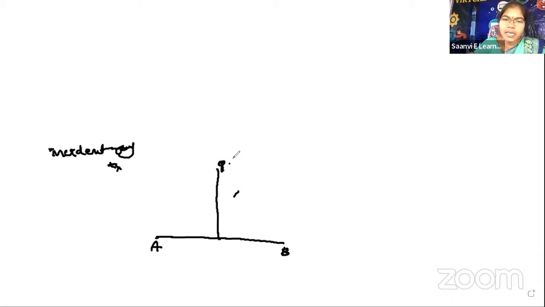This is always 90 degrees. This 90 degrees line is called the normal.